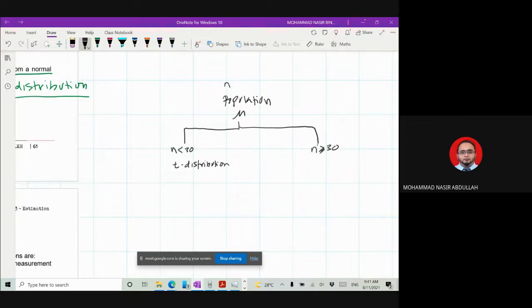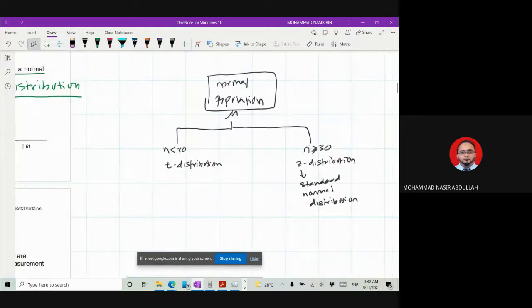This is from a normal population. When the sample size is more than 30, we will use the Z distribution. The Z distribution is also known as the standard normal distribution. This is known as the Student T distribution. Alright? Can you understand so far?